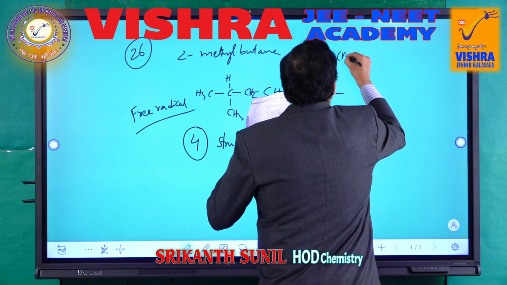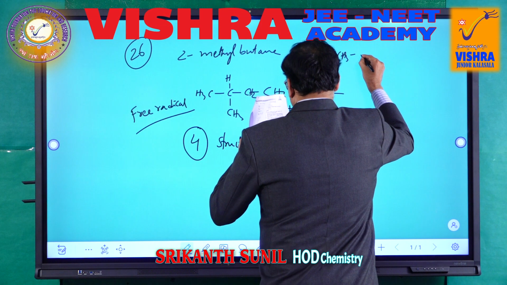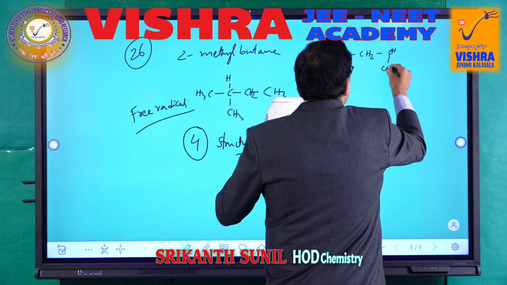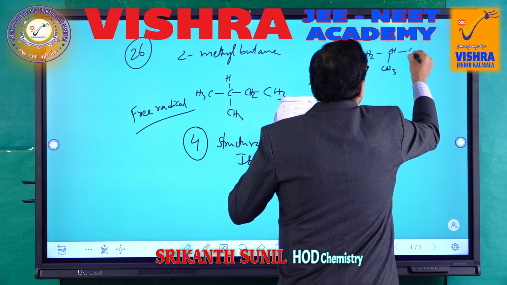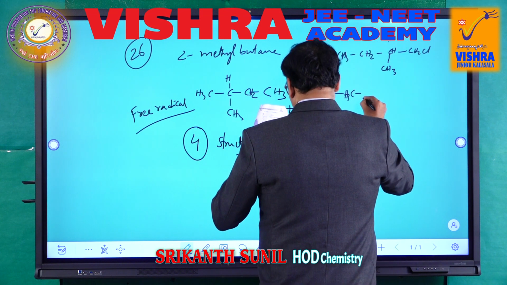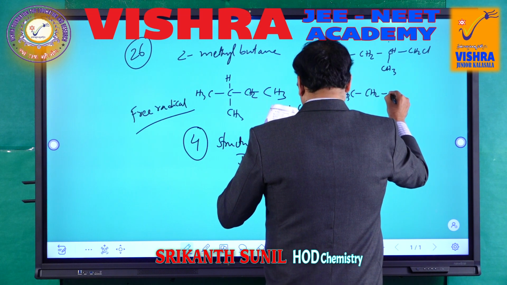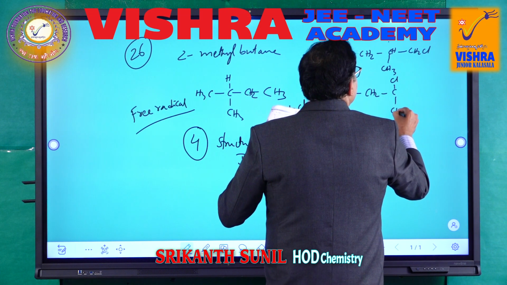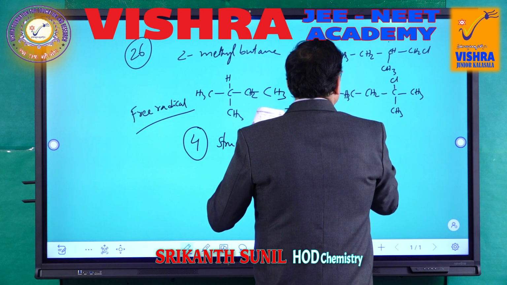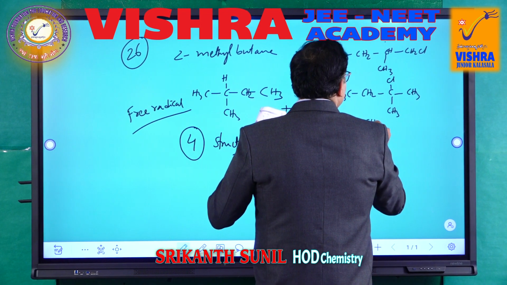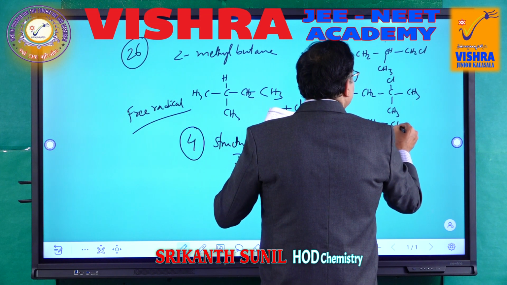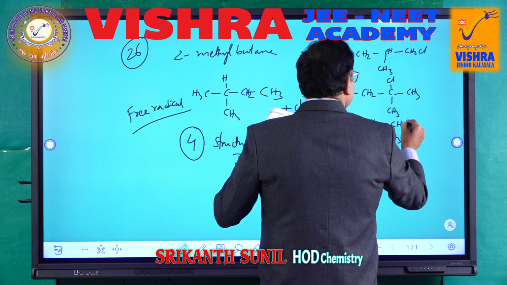Let us see the 4 compounds that are required here. CH3 attached to CH2 attached to CH, and here CH3 is there, and here CH2Cl. This type of compound is formed. CH3 attached to CH2 attached to carbon, which is attached to chlorine, and CH3 and CH3. This type of compound is also obtained. CH2 attached to CH, here Cl is there, attached to CH3 and CH3.